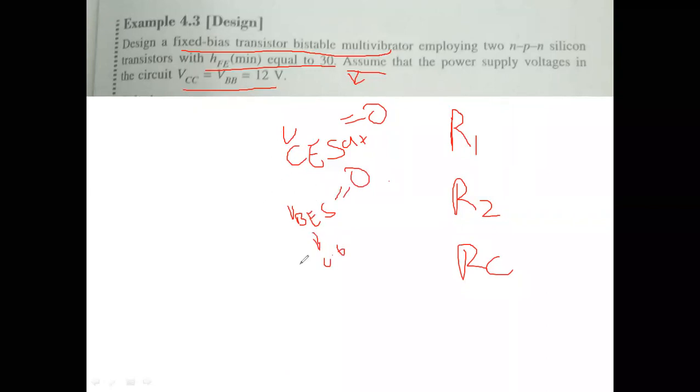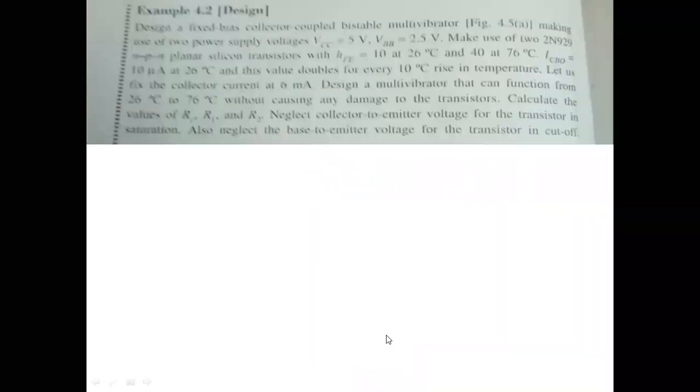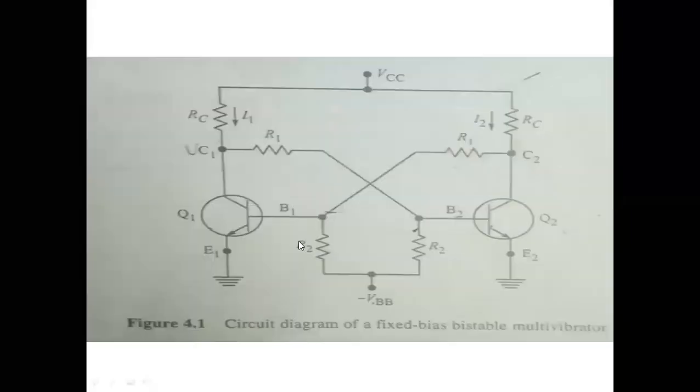Now come to the circuit diagram. Okay, this is our circuit diagram. For this circuit, they have given the VCC value as 12. Once again, before solving the problem, all of you have to draw the circuit.